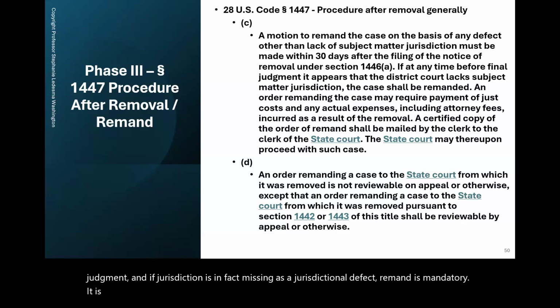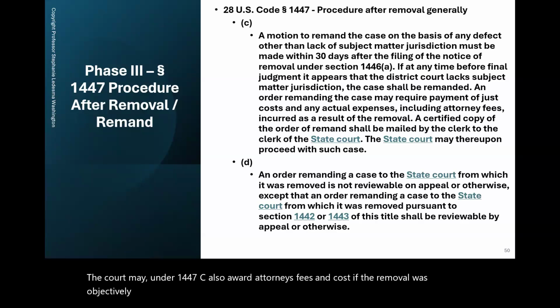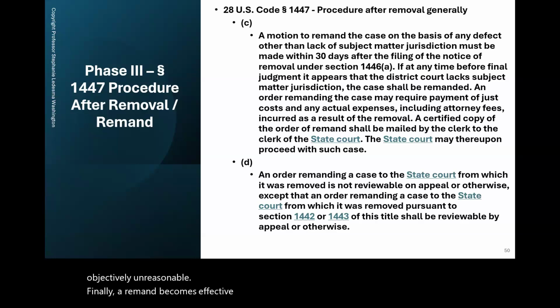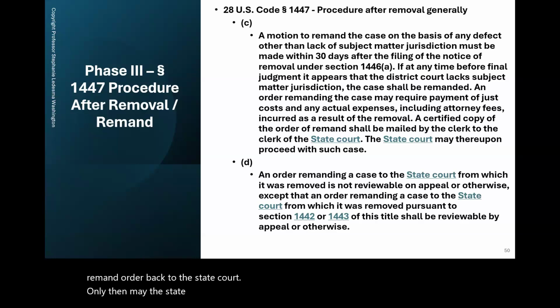It is not discretionary. The court may, under 1447C, also award attorney's fees and costs if the removal was objectively unreasonable. Finally, a remand becomes effective only when the federal clerk mails a certified copy of the remand order back to the state court. Only then may the state court resume proceedings. Yeah, it's procedural. It's heavy, but this is civil procedure.